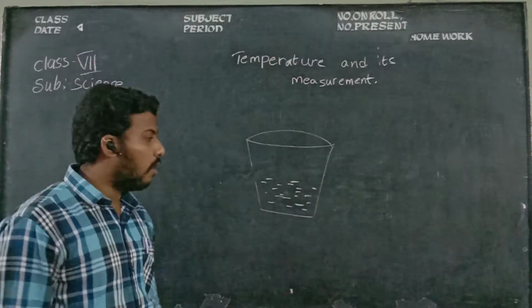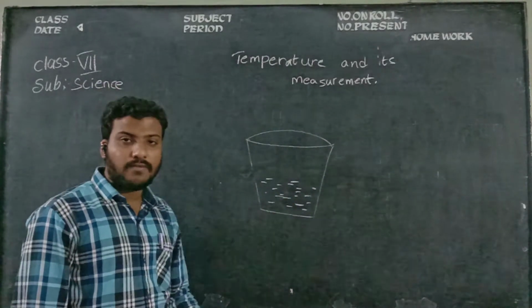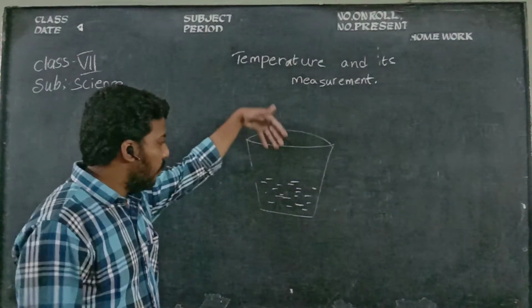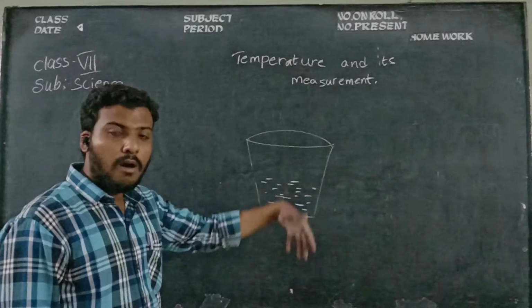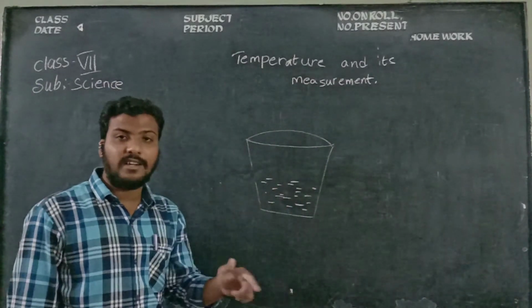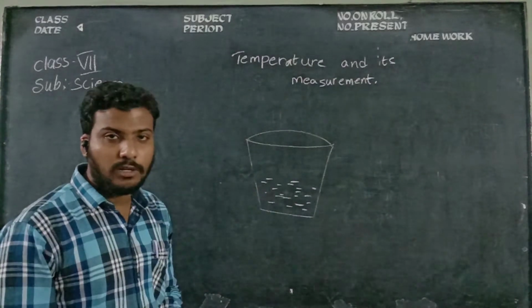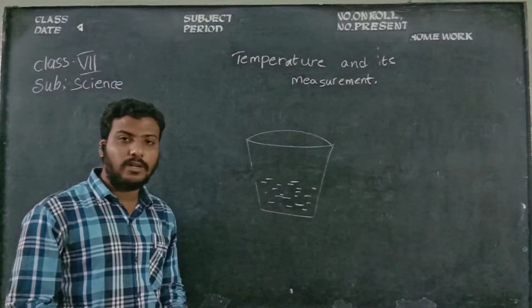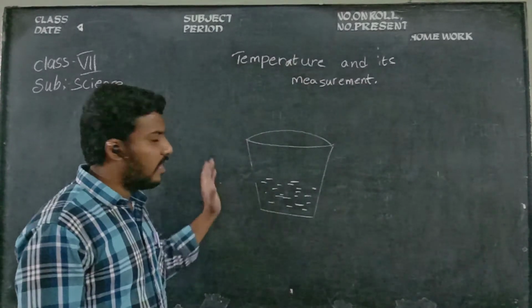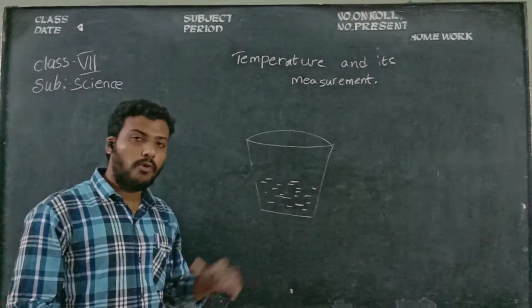Why are you getting this? Because it is a hot body itself. When you are placing your cold body, that is nothing but your hand, whenever you dip your fingertips into the hot water, you get a feeling of hot because heat is getting transferred into your body, children. So heat is a form of energy. It always transfers from hot body to cold body, children.